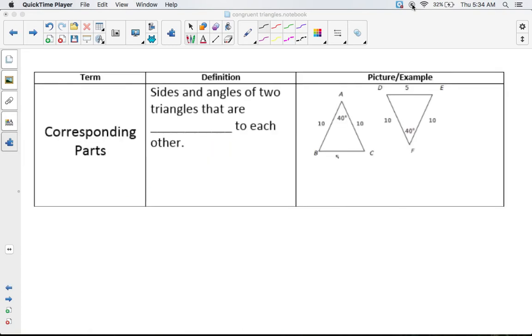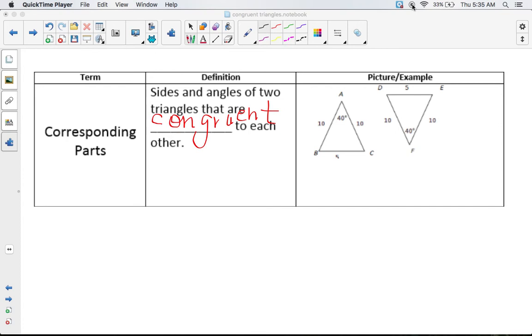So we're going to go over a few vocabulary words. Congruent corresponding parts, the definition, are sides and angles of two triangles that are congruent to each other.